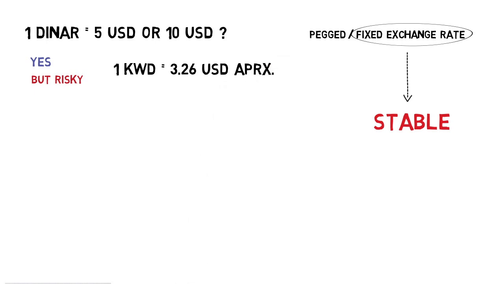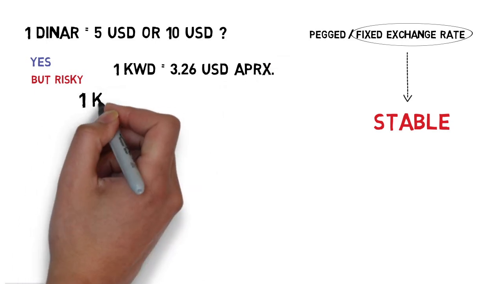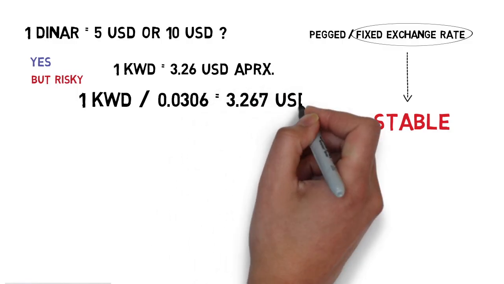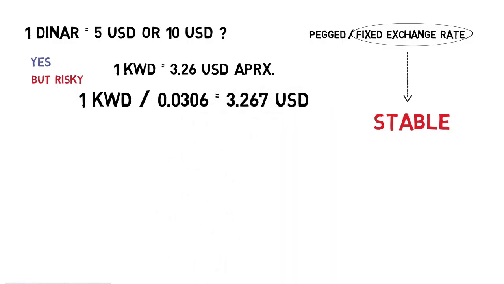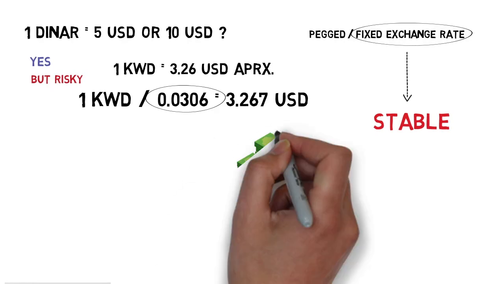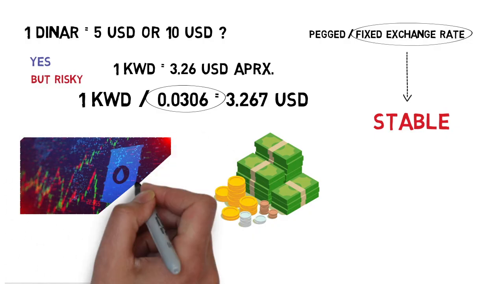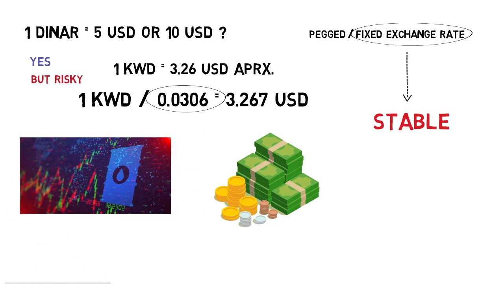But where did this value come from? Because the current exchange rate between the dinar and the US dollar is 0.306. So Kuwait has to maintain this exchange rate more or less consistently. To do that, the country needs a very large and stable foreign exchange reserve. But for that, there must be a stable and secure global demand for its oil.